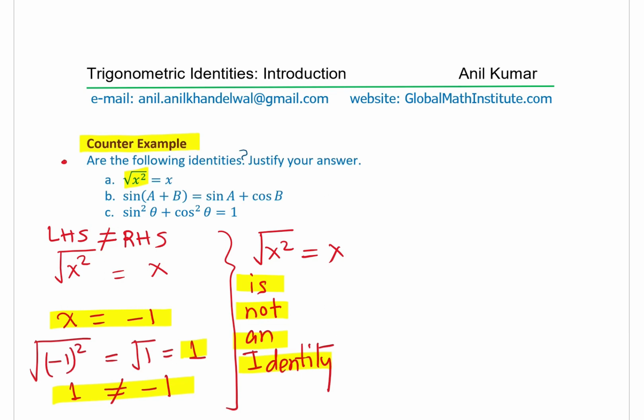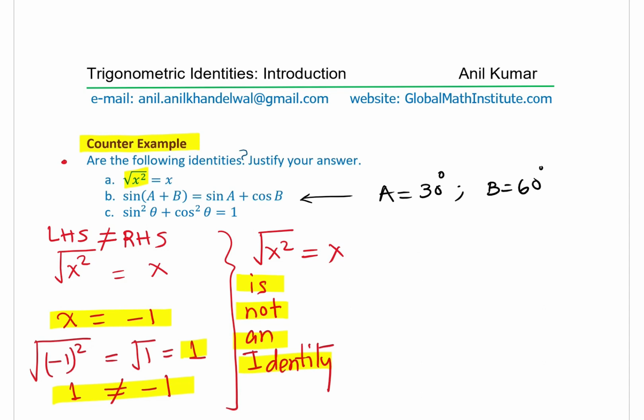So I'd like you to use this concept of counterexample to show whether B is an identity or C is an identity, or they are not identities. Perfect. So I'll leave that exercise for you. Provide a counterexample to show that this is not an identity. You can take a value of A, for example, 30 degrees, and the value of B as 60 degrees, and work it out.